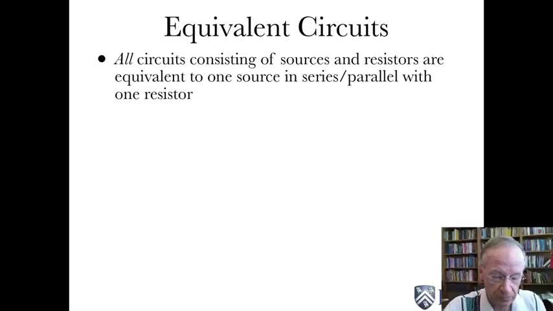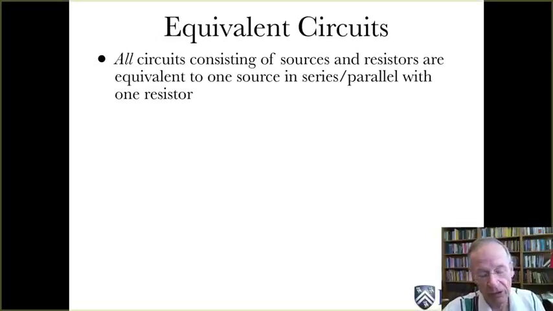Okay, so what do we discover? What we discovered is that all circuits consisting of sources and resistors are equivalent to one source, be it a voltage source or a current source, that's in series or in parallel with a single resistor. No matter how complicated that circuit is, from the point of view of the connection points, the terminals, it is a very, very simple circuit.